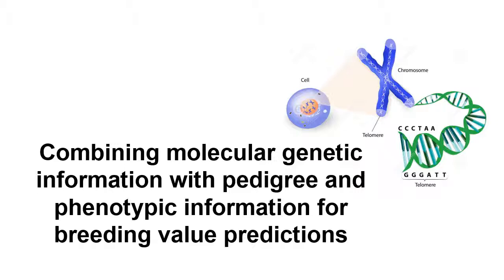So there are specific reasons why this methodology has been developed, and it can make a huge impact on the accuracy of prediction and obviously on a lot of other important aspects of animal breeding.